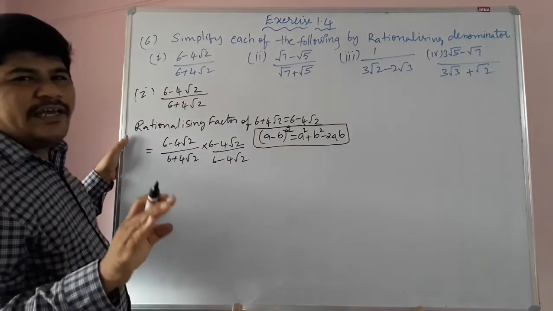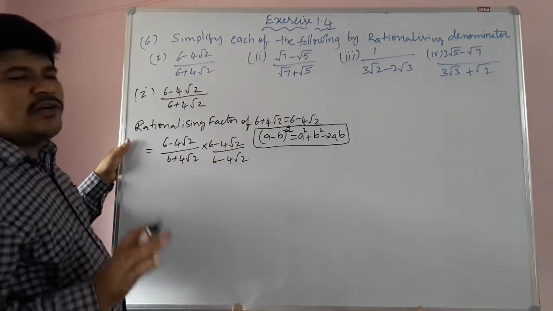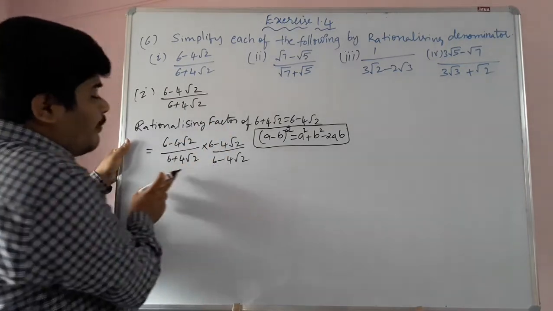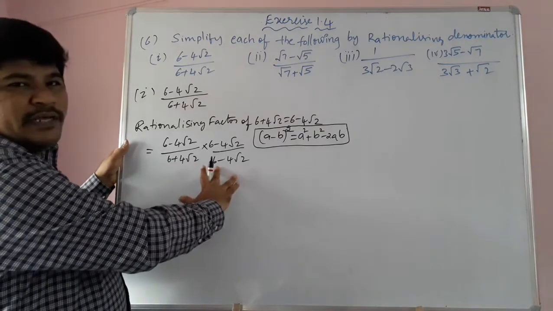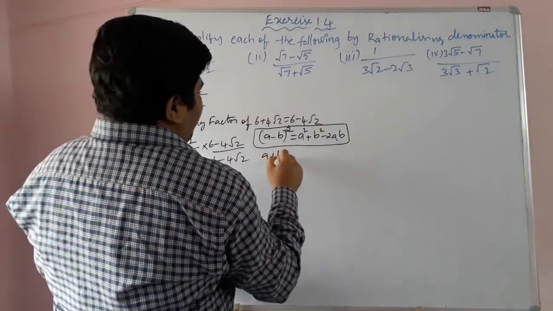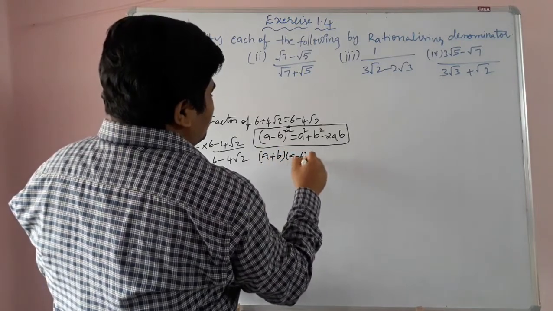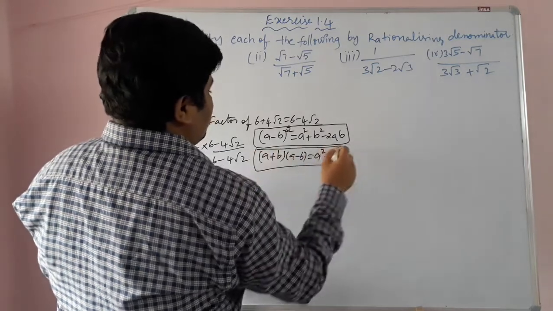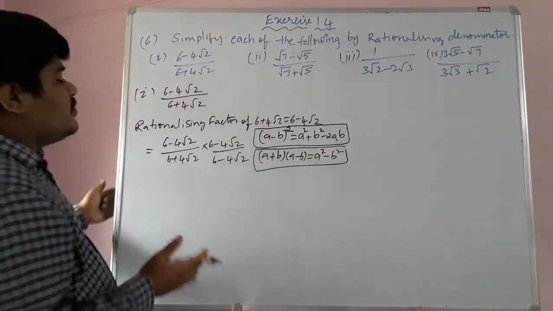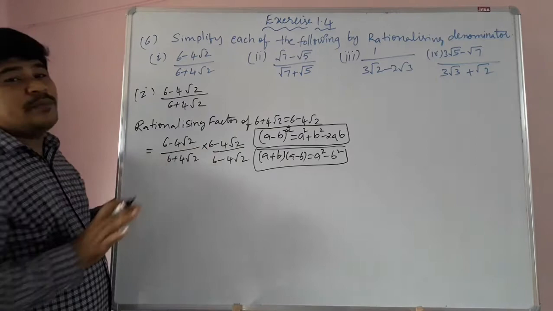And the denominator is in the form of a plus b into a minus b, right? So a plus b into a minus b is equal to a square minus b square. So these two formulae we are going to use for simplifying this given expression.